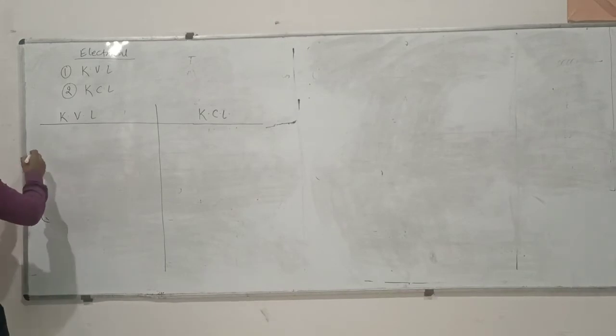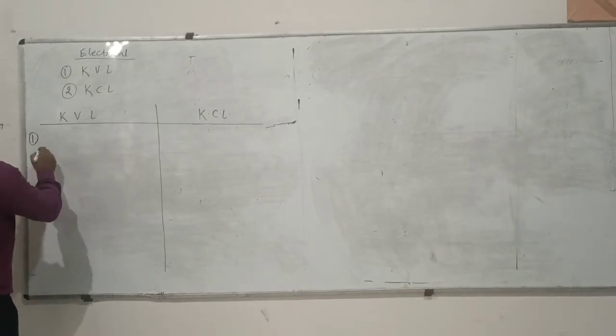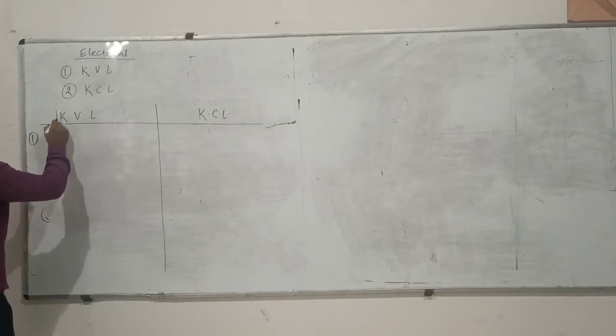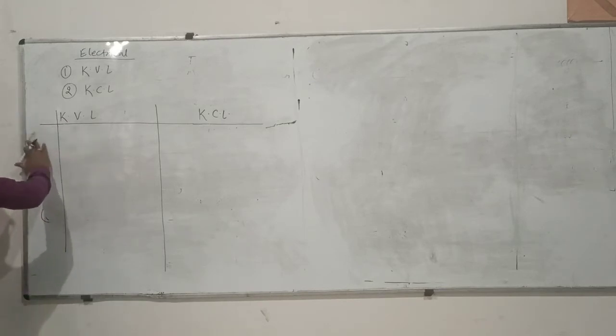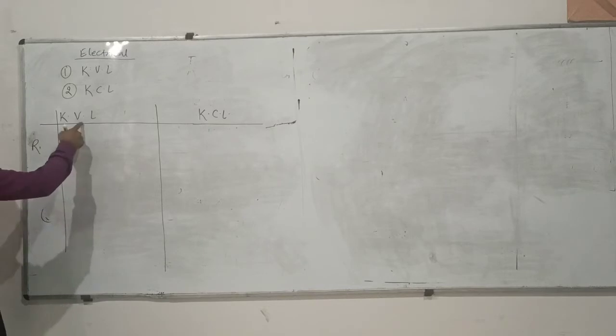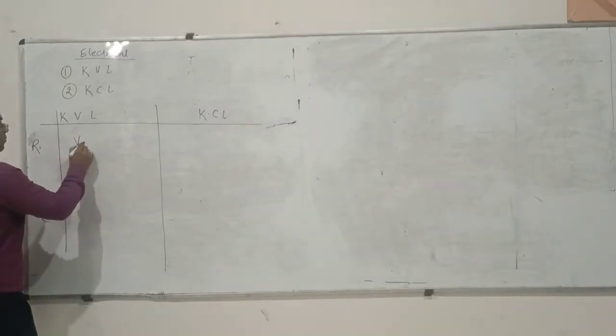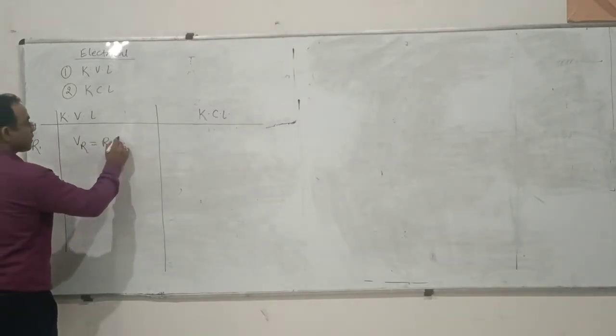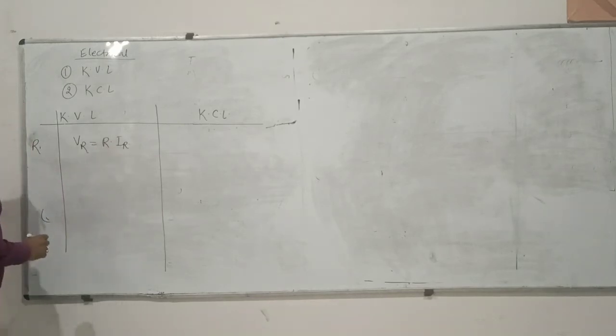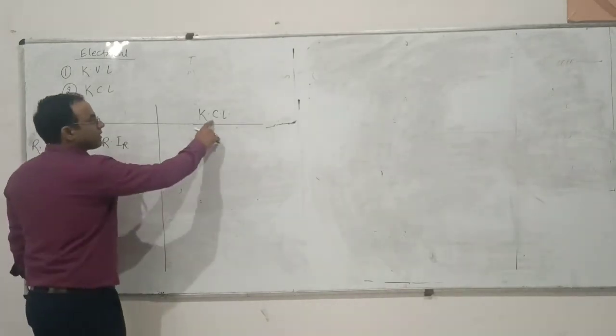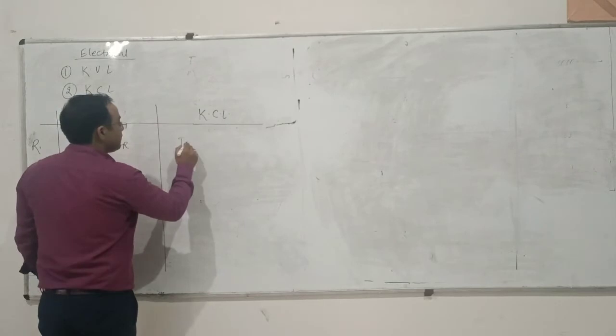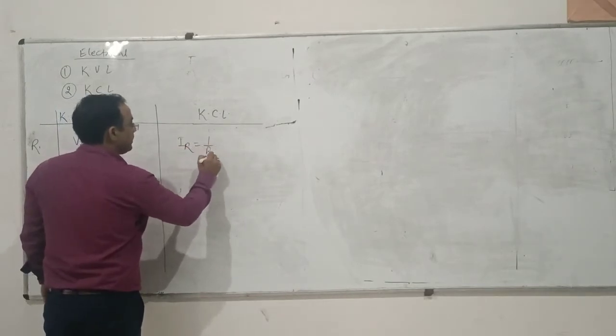So in the case of resistor, the KVL equation will be VR equals to R into IR. Whereas in the form of KCL, the IR will be written as 1 upon R into VR.